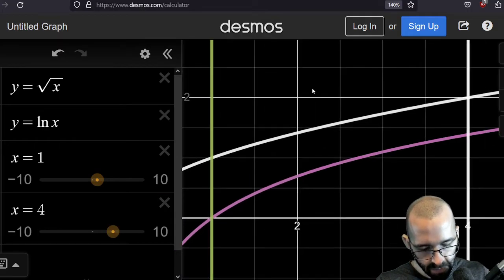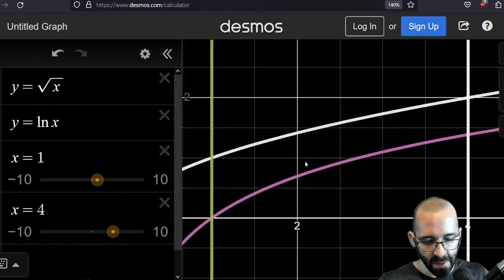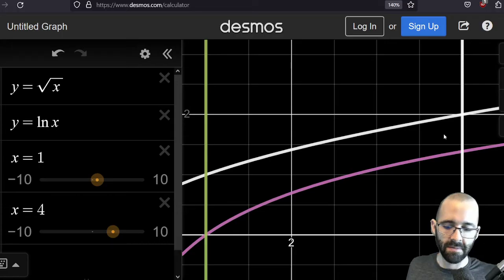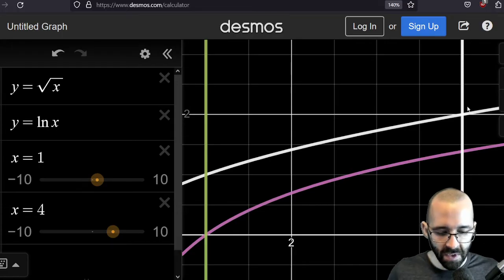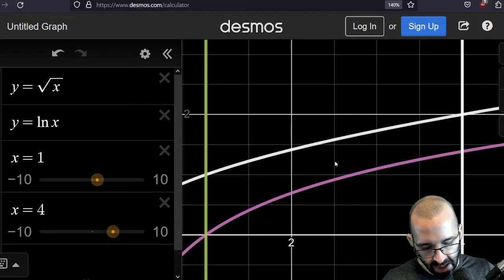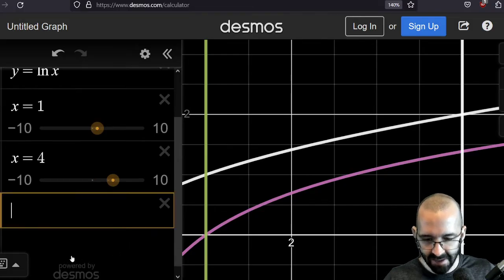All right, so looking at this lamina in this region, assuming a constant density, what have we got? Again, my guess just off the bat is maybe going to be 2.5, 2.5 comma 2. That's my guess.